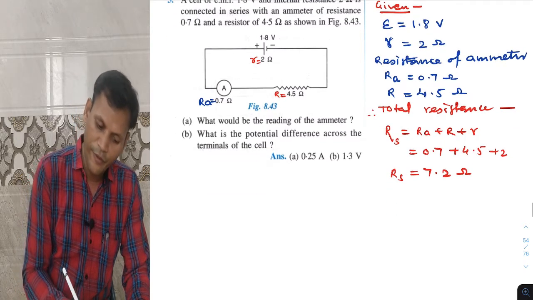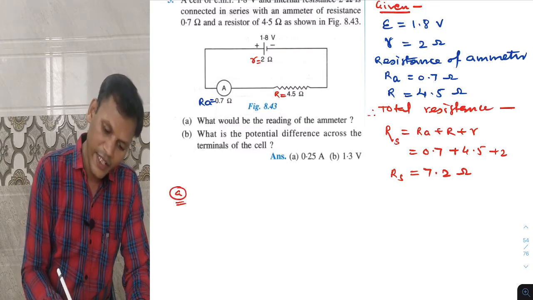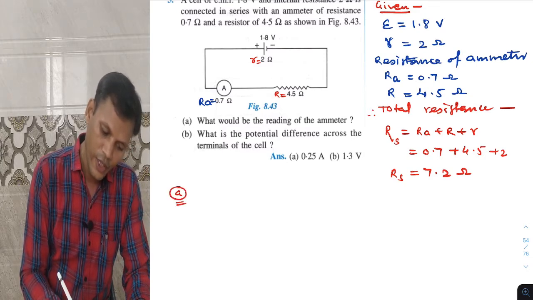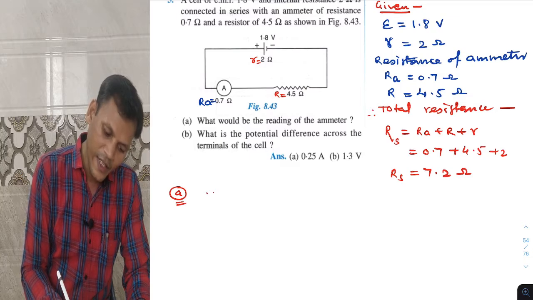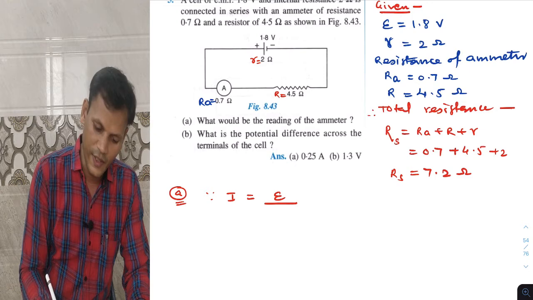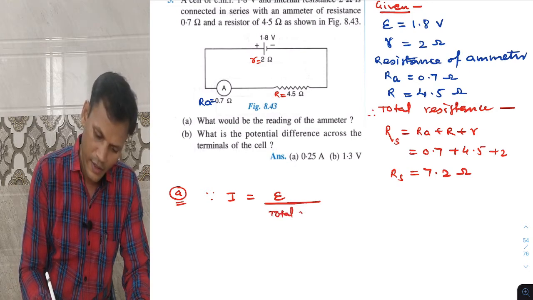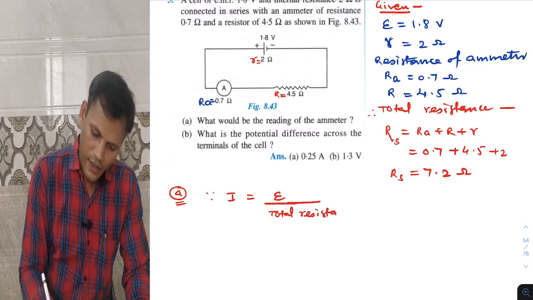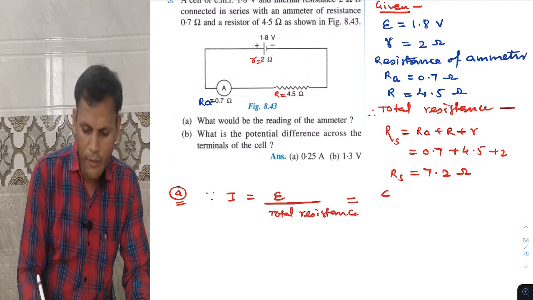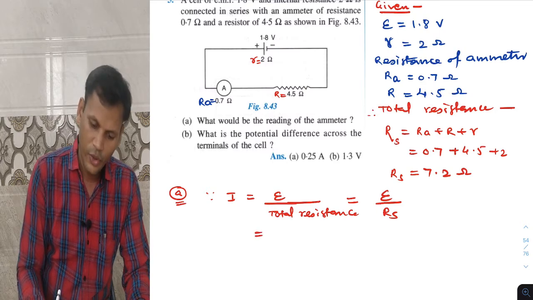So the current is to be found out. In the A part, the ammeter reading means the current is to be found out. Since I is equal to E by total resistance, EMF upon total resistance, it will be E by R S, where R S is the total resistance.